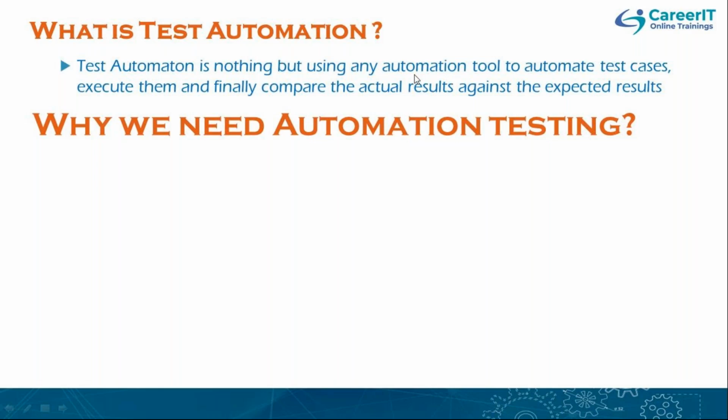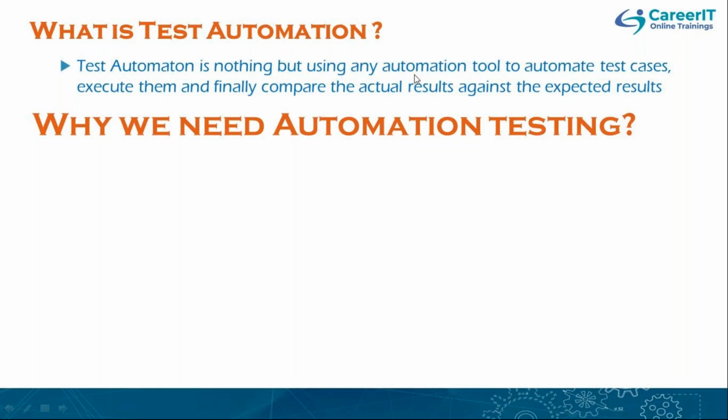Generally the manual team or functional team will first take care of testing that particular application manually, meaning they will write some test cases, and those test cases will be executed as part of their manual testing.